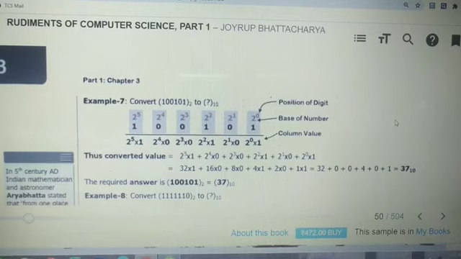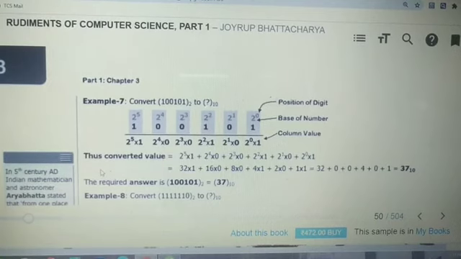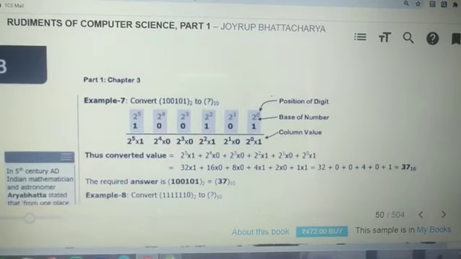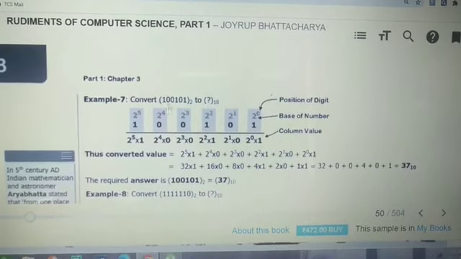Now coming to the mathematics, it will be easy to understand. Binary digits are represented using only zeros and ones. Suppose a binary number is given, that is 100101.